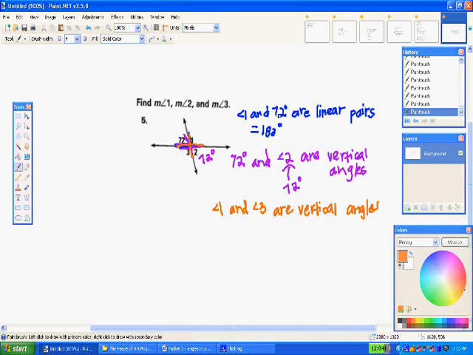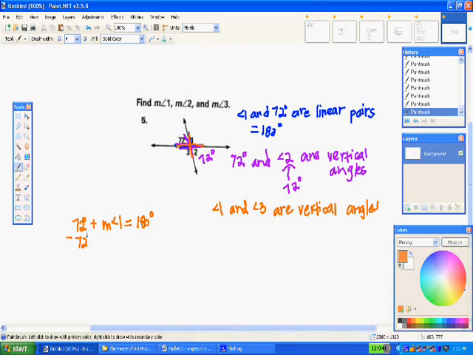We know that angle 1 and the angle that is 72 degrees are linear pairs and they have to equal 180 degrees. So to find the measure of angle 1, what I'm going to do is subtract 72 from 180 degrees. So 72 degrees plus the measure of angle 1 is equal to 180 degrees.